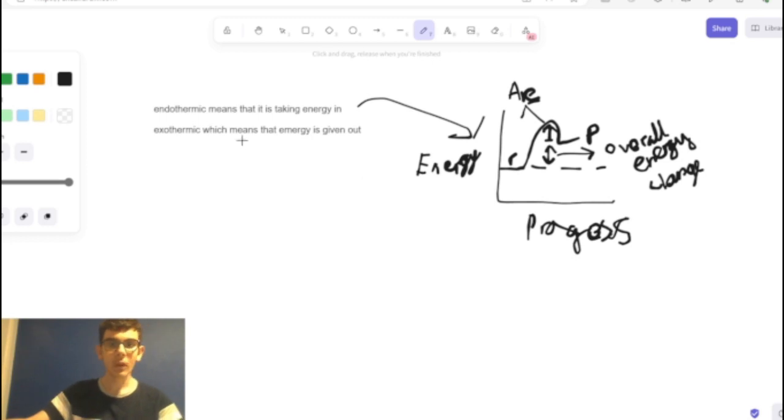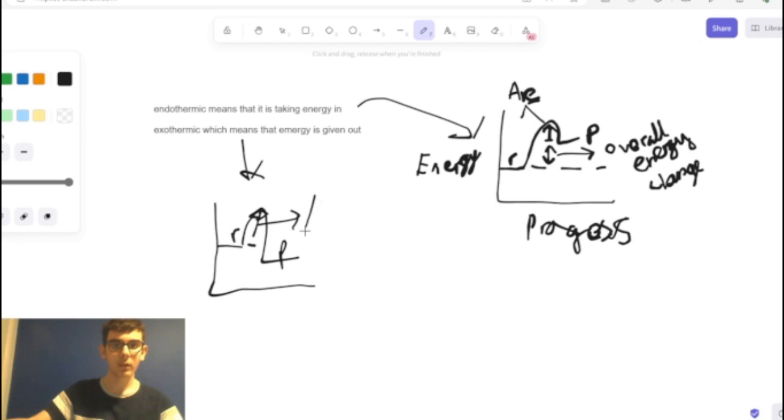However, for an exothermic reaction, you can probably guess it's exactly the same, but because it's an overall release in energy, the product should be lower than the reactant. And again, this is the activation energy, and that's the AE. You've actually got to label it activation energy in your exam, and from here to there will be the overall energy change.